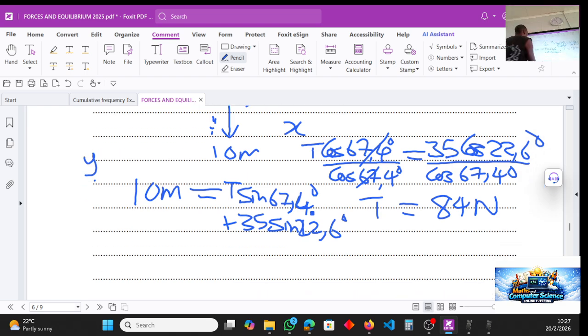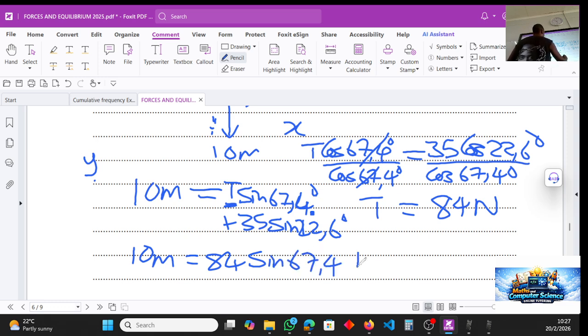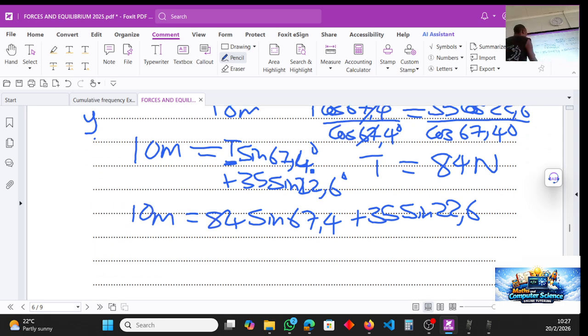So I can rewrite my equation as 10m equals 84 sin 67.4 plus 35 sin 22.6. Since I'm looking for the value of m, I'll divide both sides by 10, and the 10s will cancel.